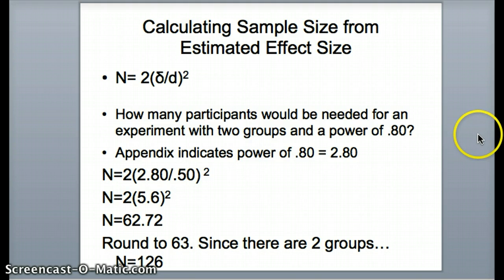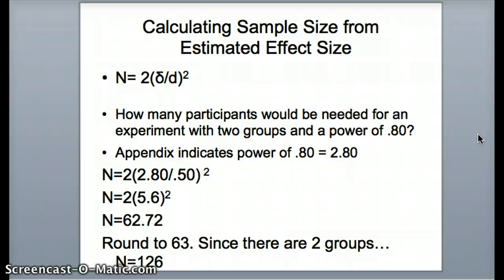Now the power statistic that we're using there, the number, is kind of like the effect size, where there's no hard and fast rule. You can change that number, but we figure an 80% chance of detecting something, if it really is there, is a pretty decent chance. So we're setting the power level at 0.80, just as we tend to set our effect size at a medium effect size, 0.50, just by default.